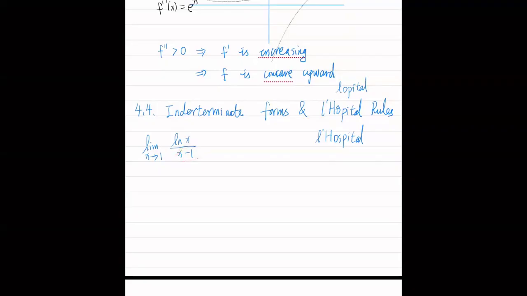When x goes to 1, both numerator and denominator go to 0. We cannot plug in. Could we simplify, like factorization or cancellation?